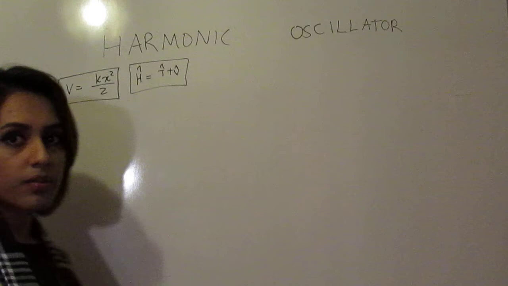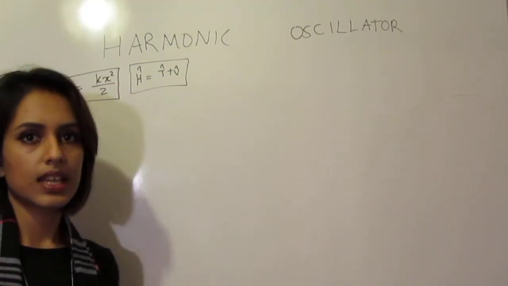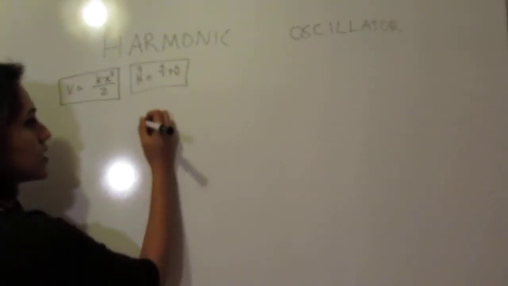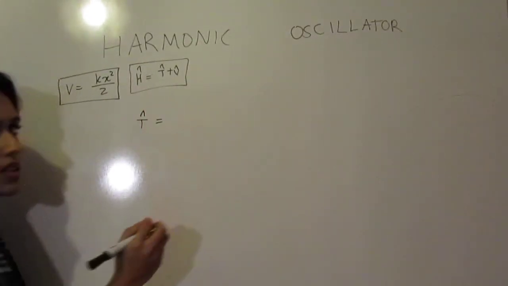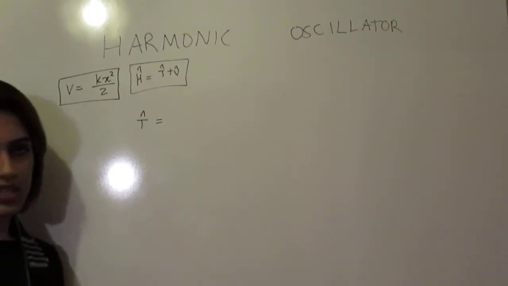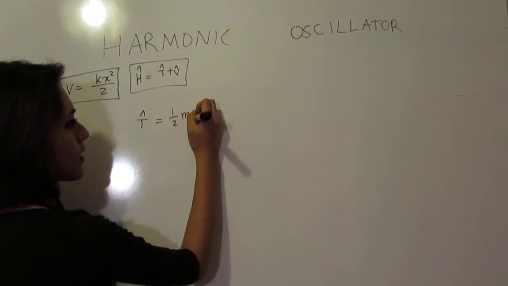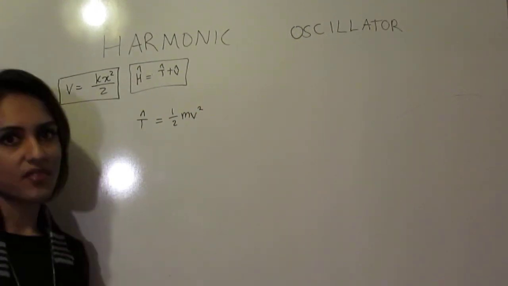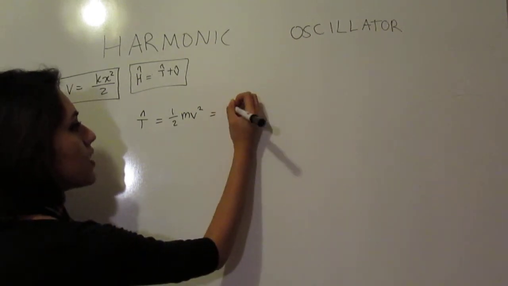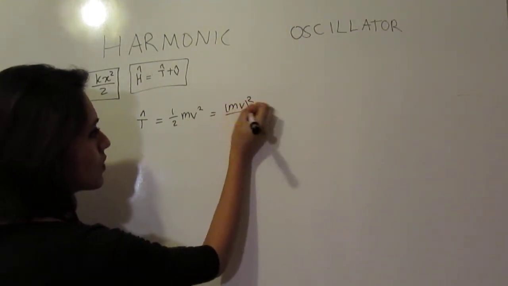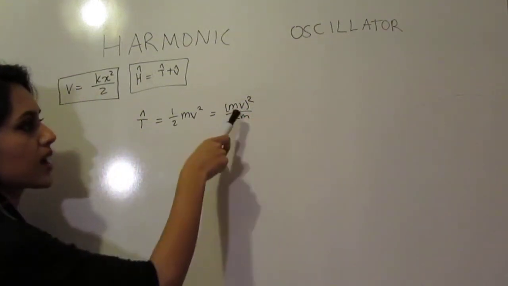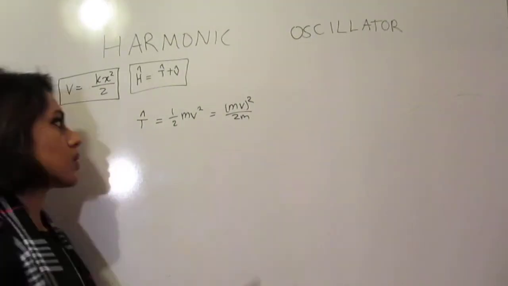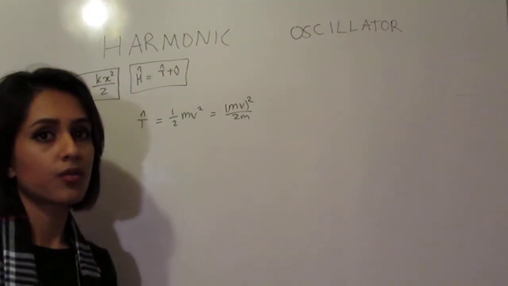Okay, now the second part of what we need to do is find out what the kinetic energy operator is. And the kinetic energy operator is T equals a half mv squared. We could also rewrite a half mv squared as m squared v squared over 2m, because when you multiply out this, the m's cancel and you end up with the same as you already had before.